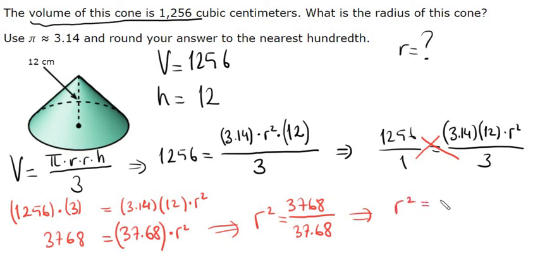R squared is going to be 100. And that means r is equal to the square root of 100, which is 10. So the radius of this cone is going to be equal to 10.